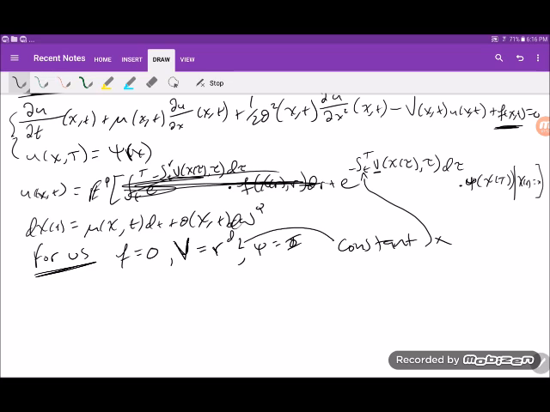I'll write it like that. What else? So we have our Q process. For us, we have a QD, just given the model that we're using. That was just for notational purposes.